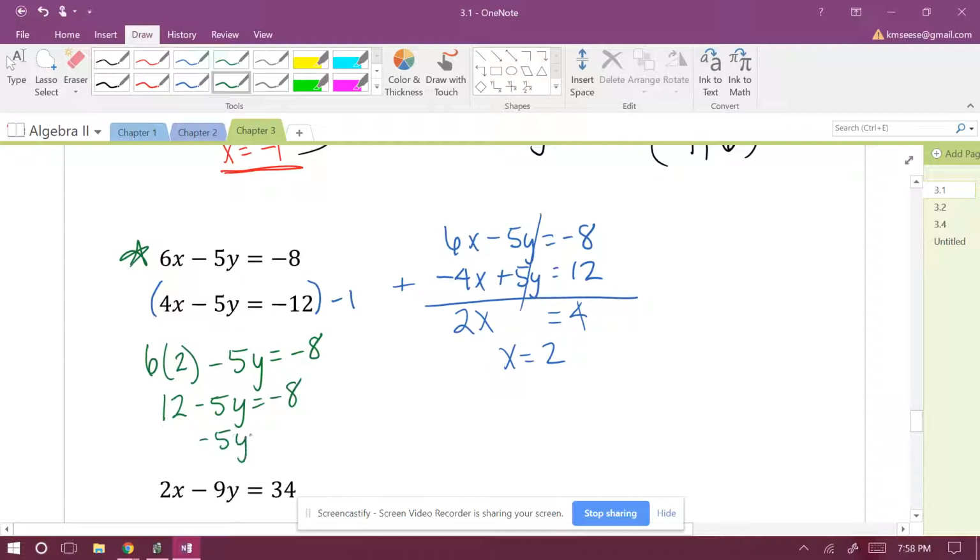So negative 5y, subtract the 12 over, gives me negative 20. And I come down to y equals negative 20 divided by negative 5, which is positive 4. So my final answer here is the ordered pair (2, 4), x value first and then y value. So elimination can be very helpful.